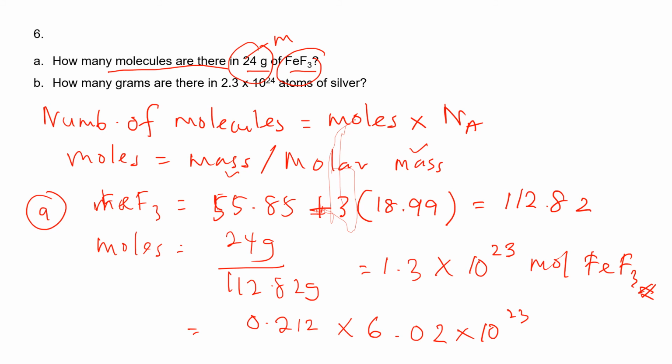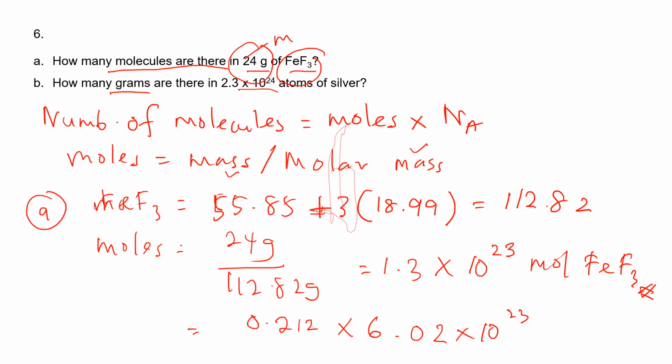Okay. Alright. B. How many grams? So meaning that you have to find the mass. Okay. How many grams are there in 2.3 times 10 to the power of 24 atoms of silver? Okay, so you have to calculate the mass of the silver.